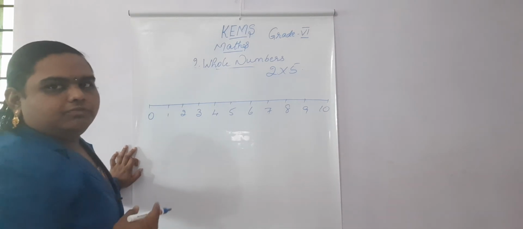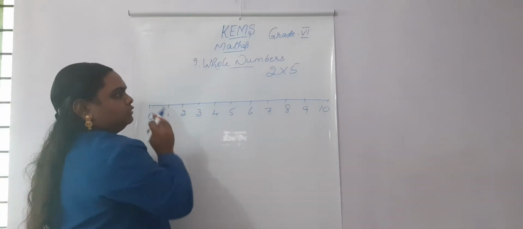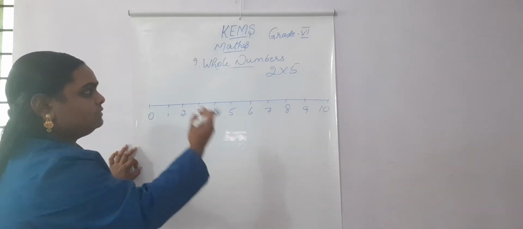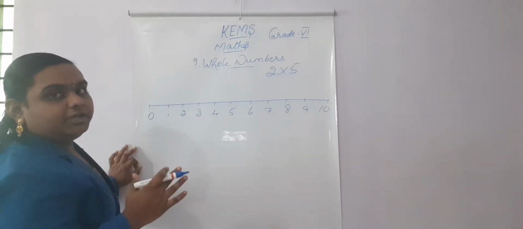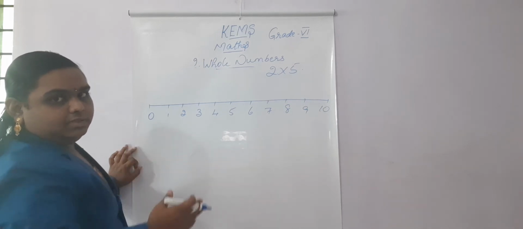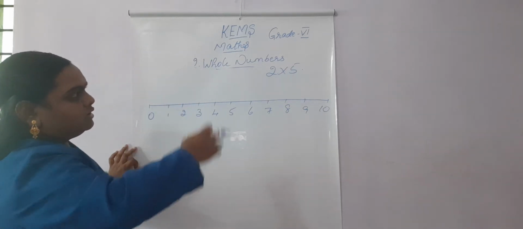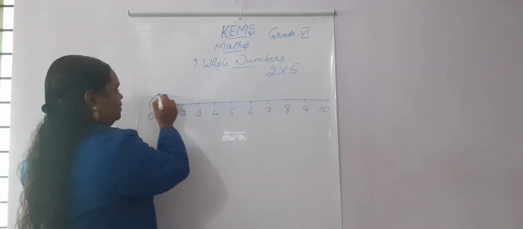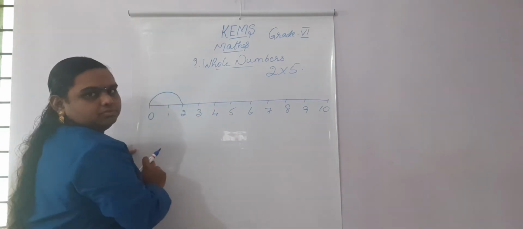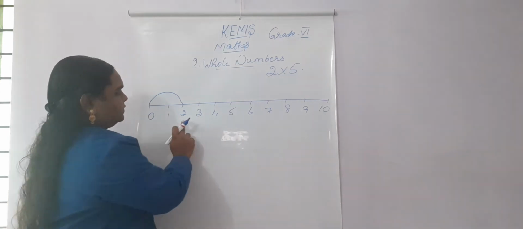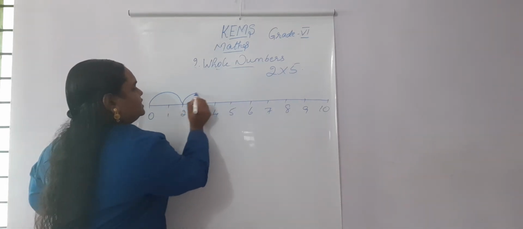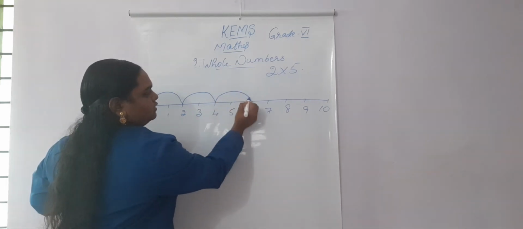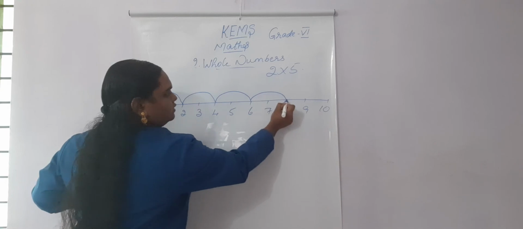Okay, 2 into 5. Each 2 numbers I have to jump. How many times do I have to jump? 5 times. Each 2 steps, I have to jump 5 times. So 1, 2. Next 1, 2. Second step 1, 2. Then 1, 2.